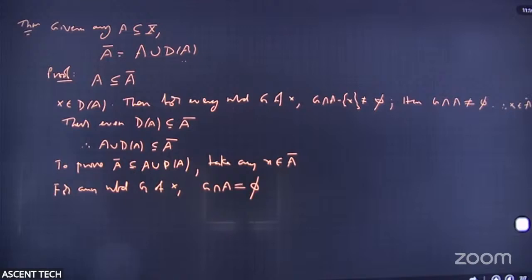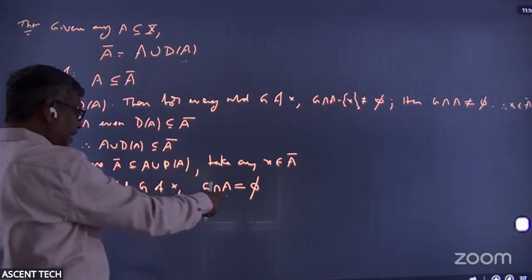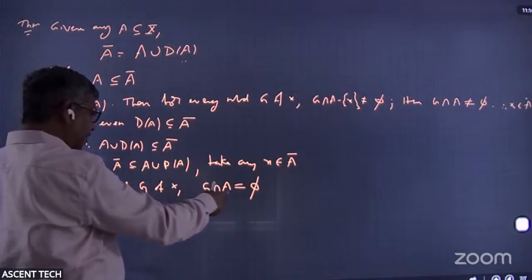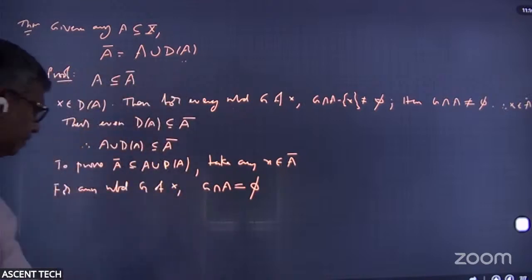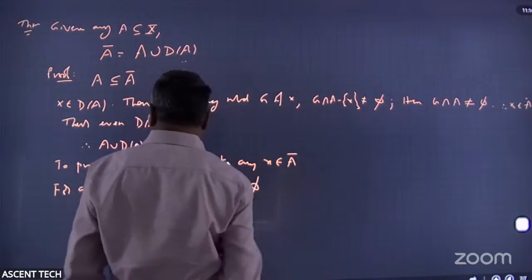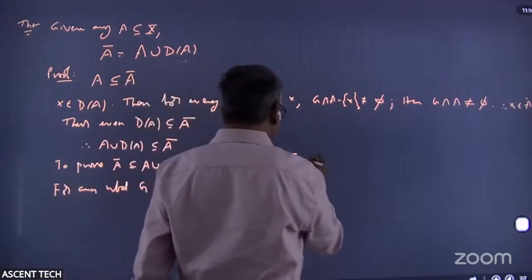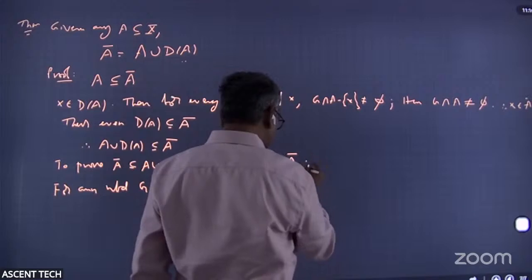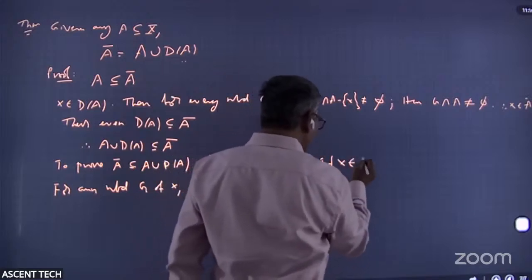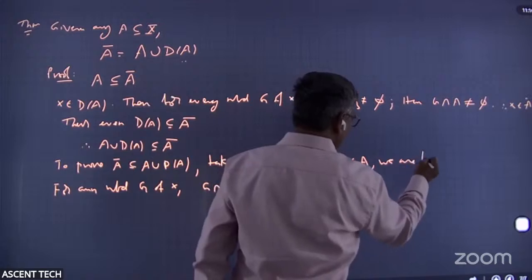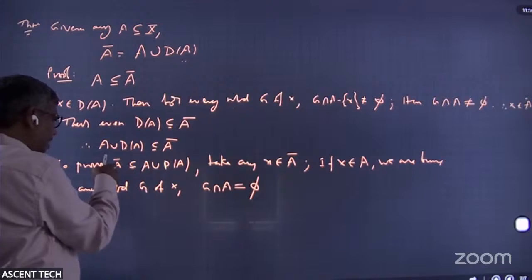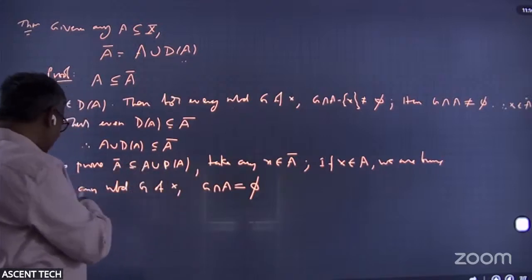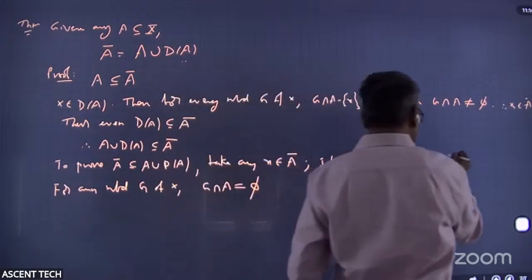X may be in A. If X is in A, we are fine. I'm trying to show that A bar is contained in that. I took an X in A bar. If it is in A, that's fine. If it's not, I'll see. Suppose X is not in A.